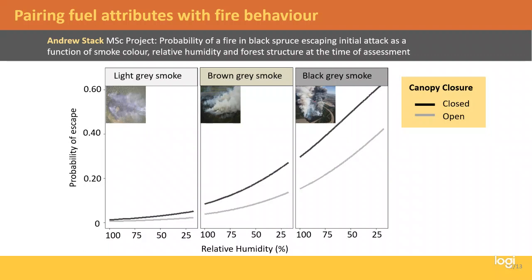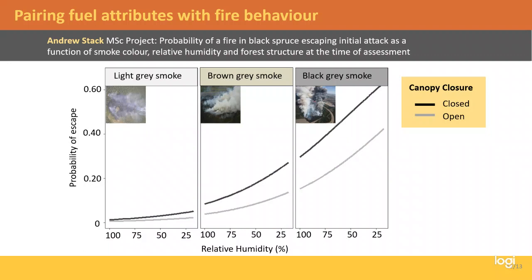This is one of the models he wanted to show. So this is showing the probability of a fire in black spruce escaping initial attack as a function of smoke color, relative humidity, and forest structure at the time of assessment. And for structure, he's just looking at two classes, closed versus open, which he estimated based on the photographs.